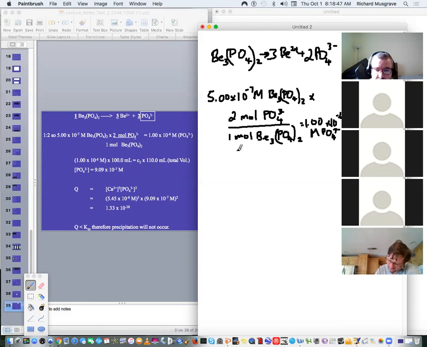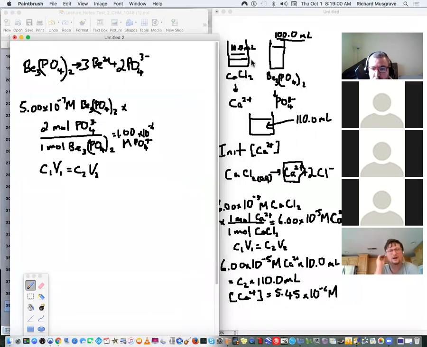Now, of course, the other thing we have to do is account for the dilution. The dilution is the situation where we've got the 10.0 mL and 100.0 mL, and we're making a solution that's actually a combination of those 110.0 mL.